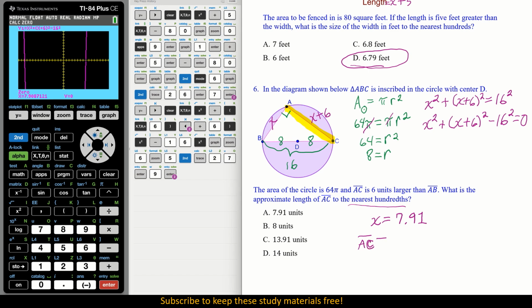Segment AC equals 6 plus 7.91. Okay, obviously that is going to equal 13.91. Okay, all right. And that is the last question in this video.